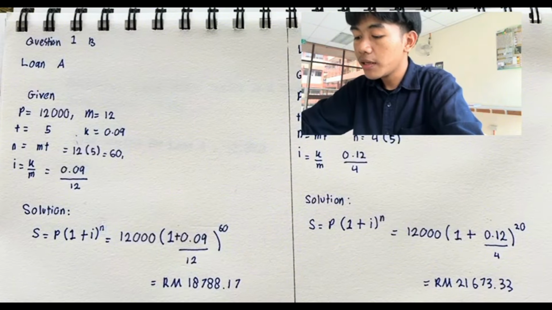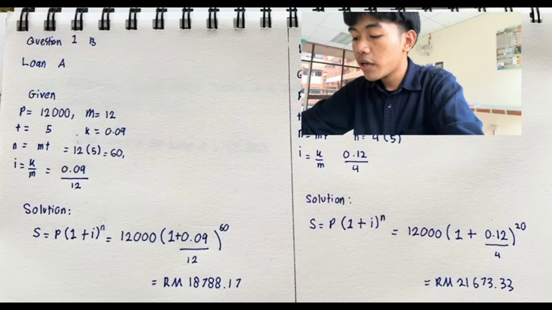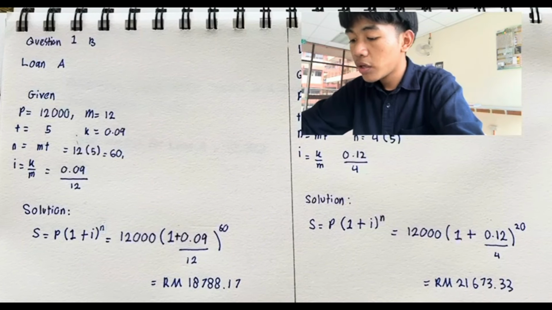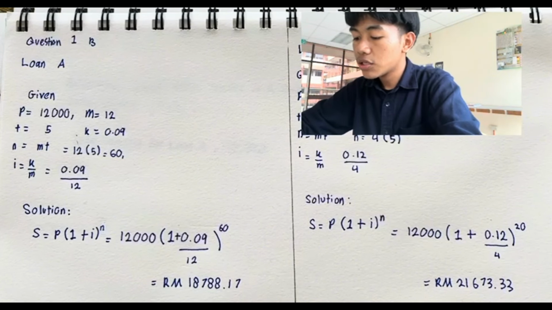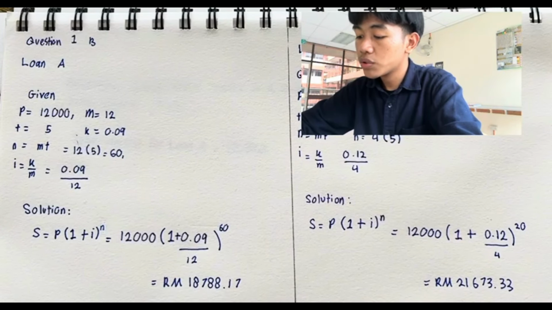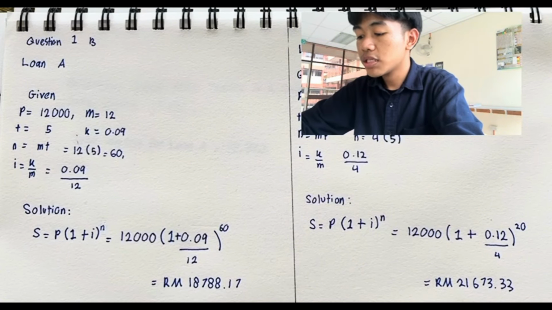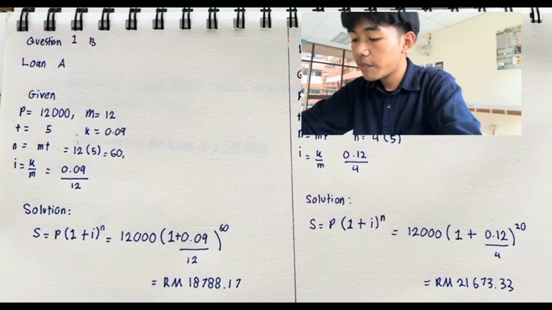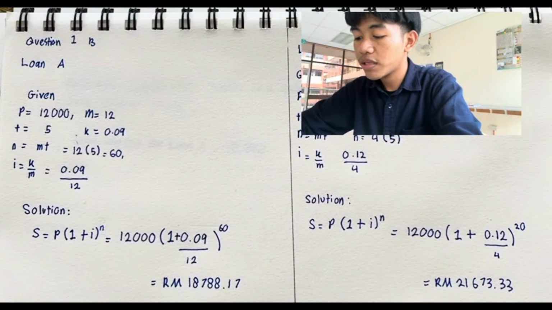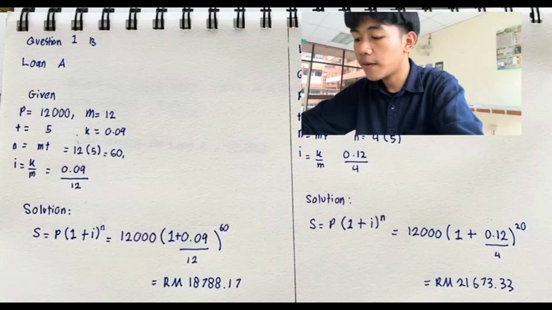So for loan A, the principal is RM12,000. The annual interest rate is 9%, and it is compounded monthly, so m equals 12. The loan duration is 5 years. So the total number of periods is n equal to 12 multiplied by 5 equal to 60.